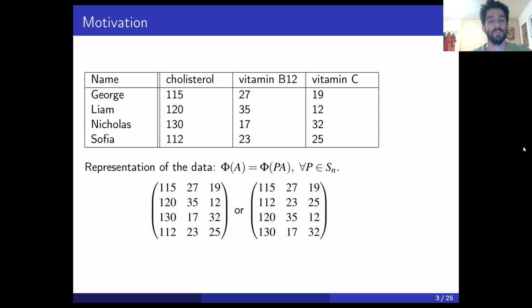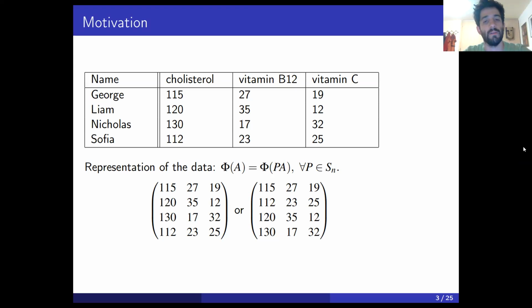We'll have a completely different matrix, but it makes sense that for any prediction model, we want it to give us exactly the same result if we feed it with these two matrices. So we want to create a model that takes matrices as input and is invariant under any possible row permutation. Because we don't want to have different results.